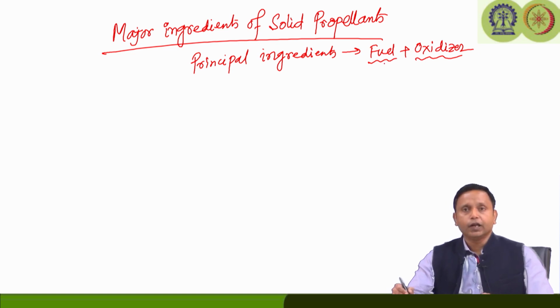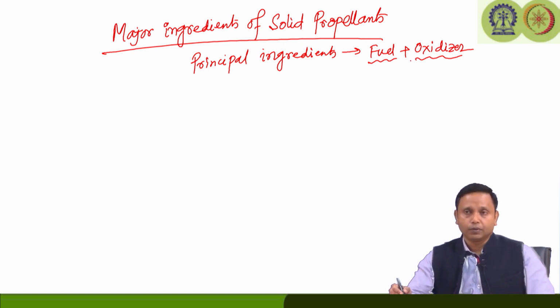Now, there are certain ingredients required to enhance the process of curing, so there will be some curing agents. There may be burn rate modifiers to increase the burn rate of certain propellants. There may be some catalyst for increasing the burn rate, or some for decreasing the burn rate also.